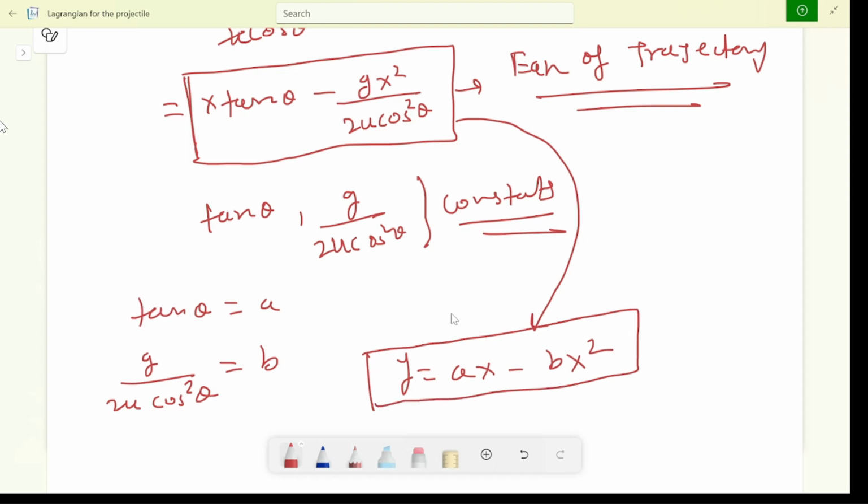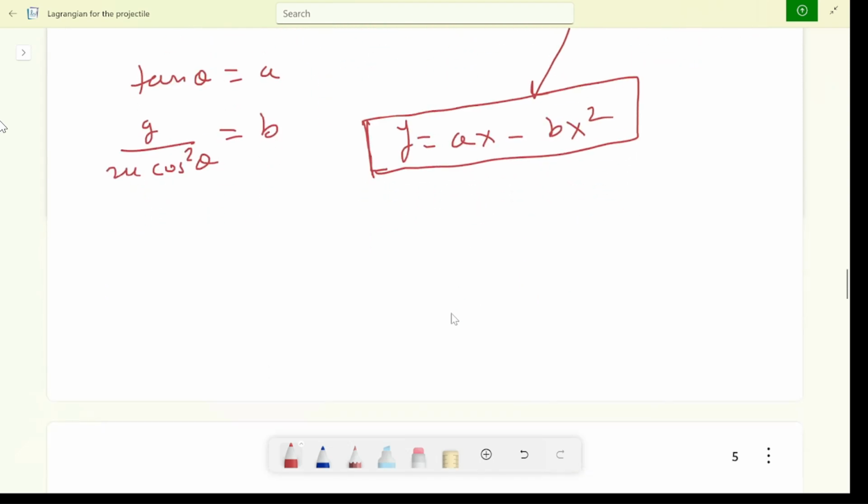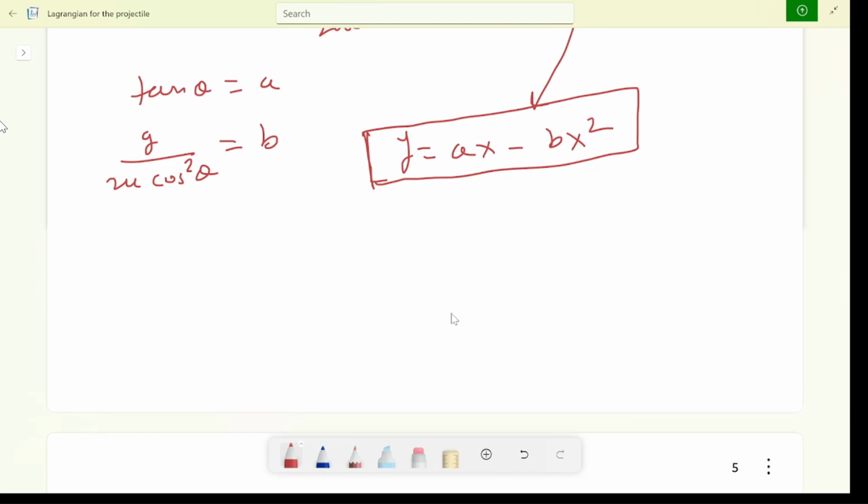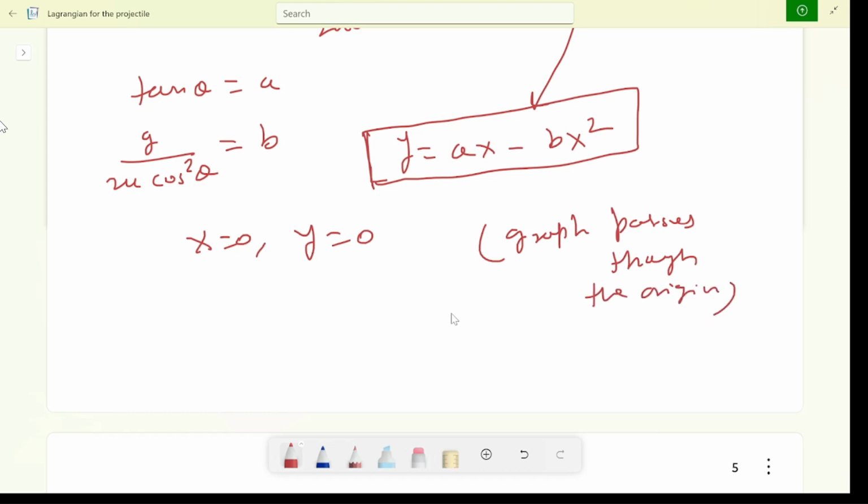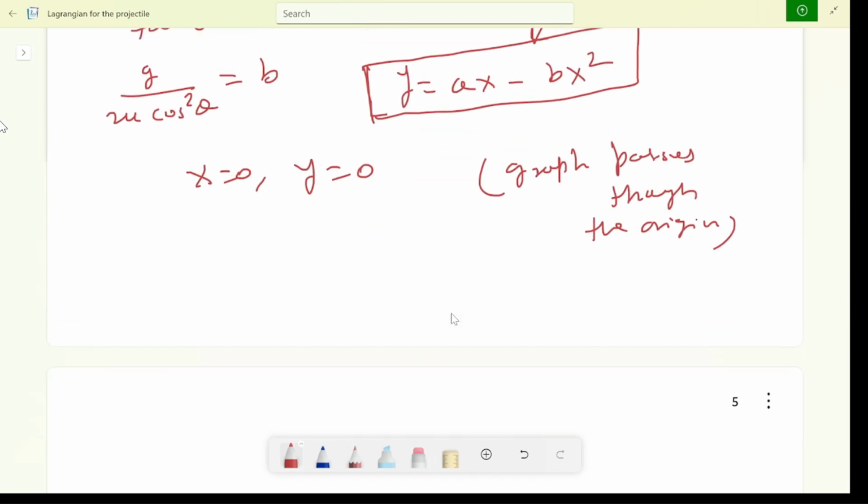Now this equation looks very familiar. This is actually the equation of a parabola, but just to get the confirmation, if we put x equal to 0 in this equation, then we see that y is equal to 0. So the graph passes through the origin, which is very clear. If we put y is equal to 0, then we see that ax is equal to bx square, or x is equal to a by b.